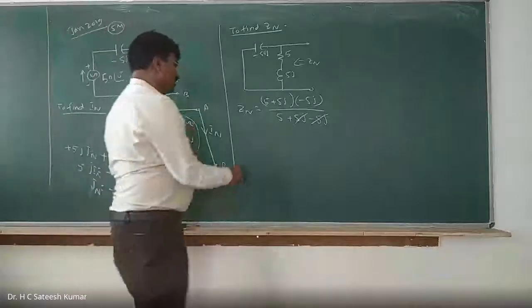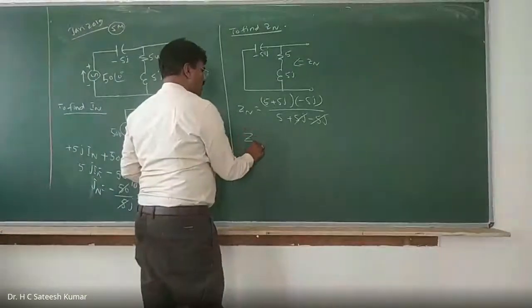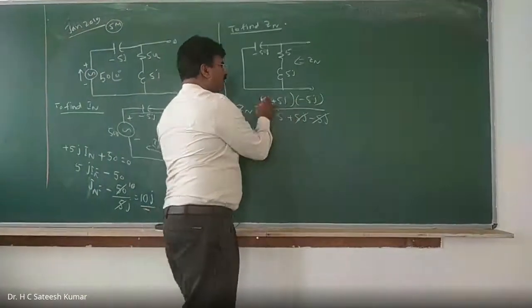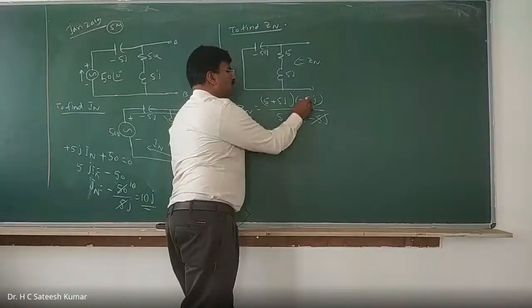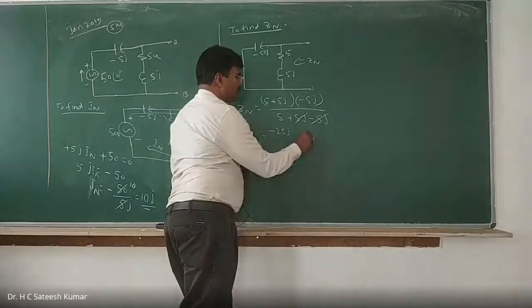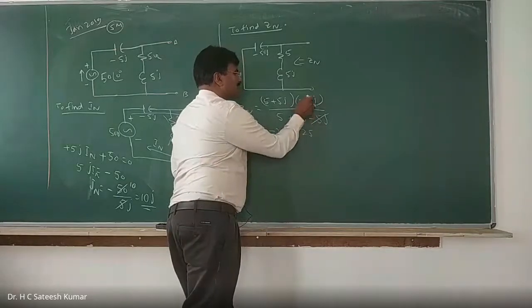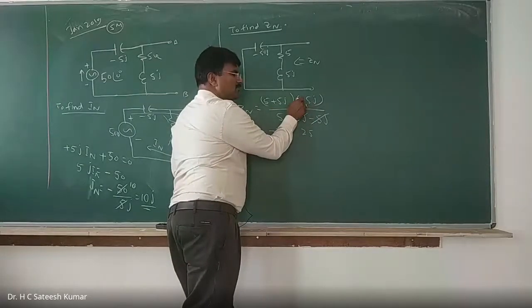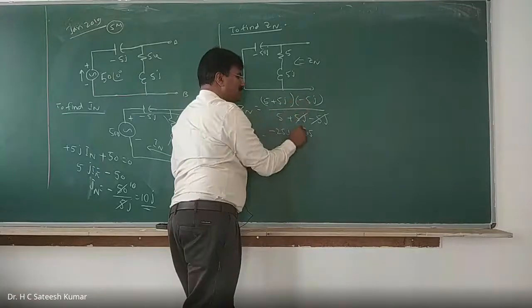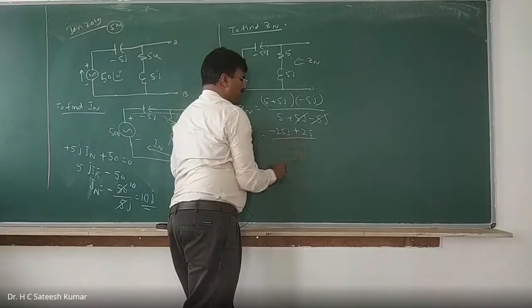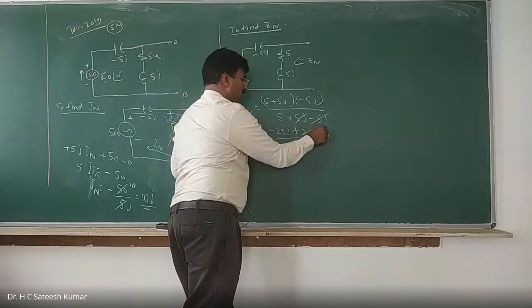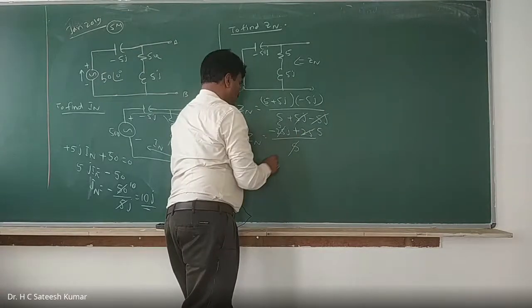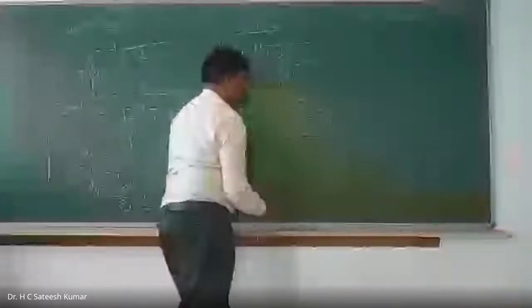You can do it in a calculator or orally also. 5 into 5, 25, minus 25J. Minus J into J, J squared. J squared is minus 1, minus into minus, plus. Divided by 5. So this is 5 times, this is 5 times. What will you get? Zn is equal to 5 minus 5J.